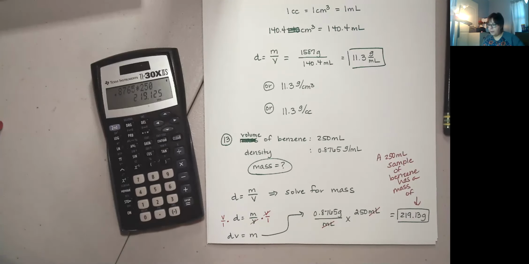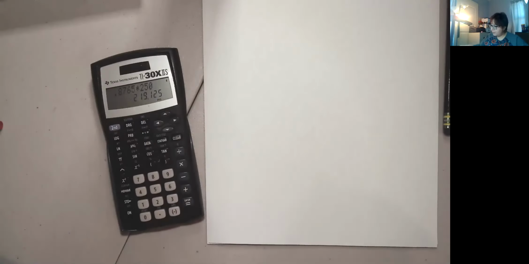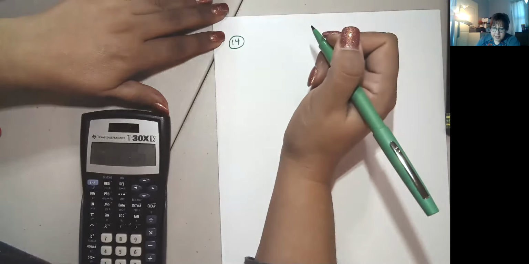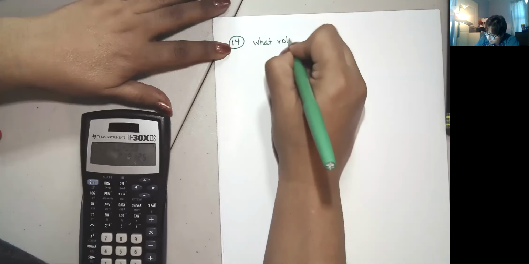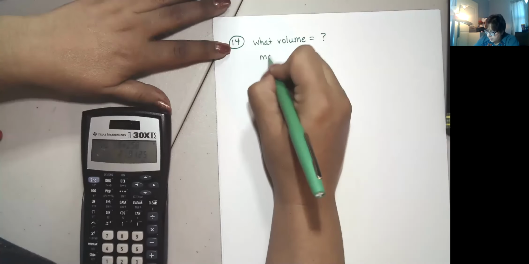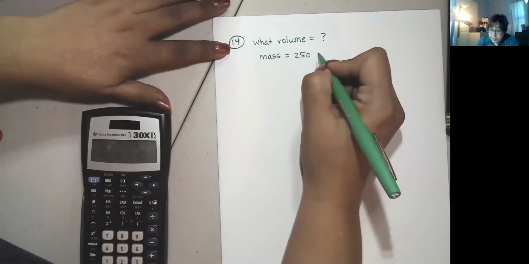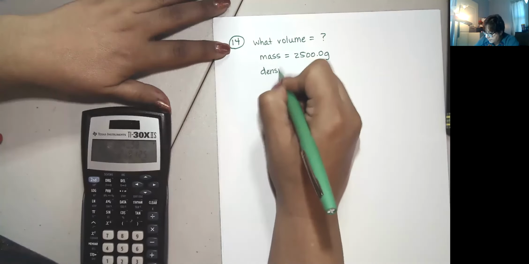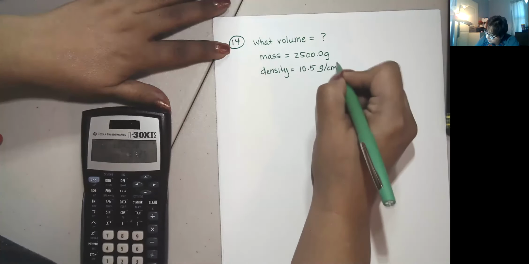Last one, number 14. The problem says, what volume of silver metal will have a mass of exactly, no, 2,500 grams, and the density is equal to 10.5 grams per cubic centimeter.